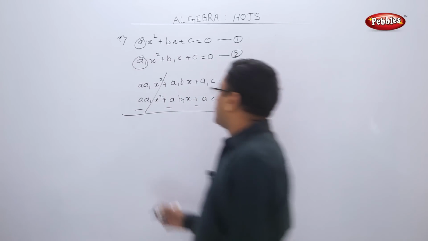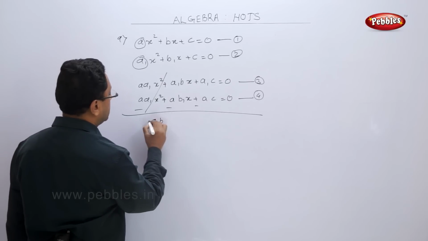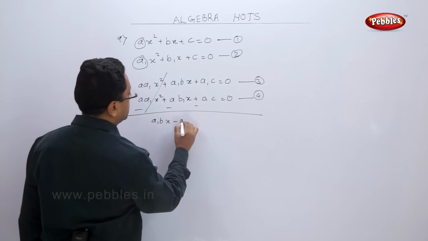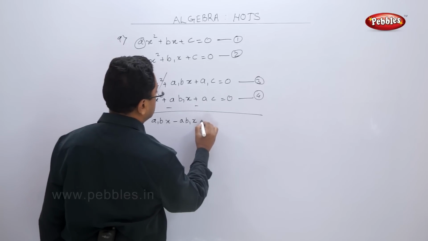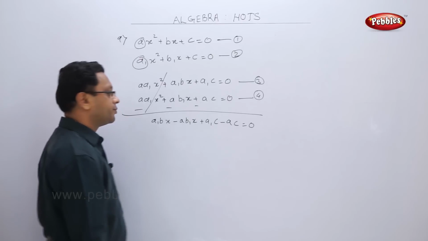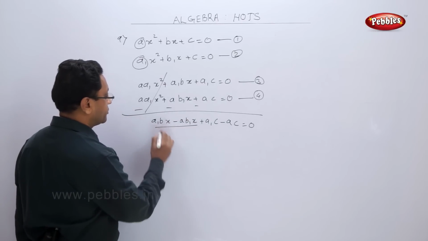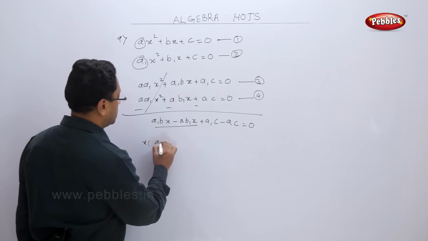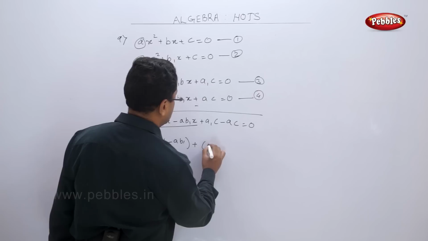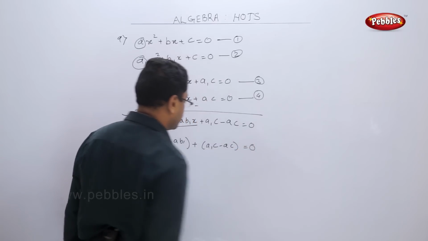So I'll get a1b minus ab1 x plus a1c minus ac equal to 0. Many things are common. Here x is common, so x into a1b minus ab1 plus a1c minus ac equal to 0.